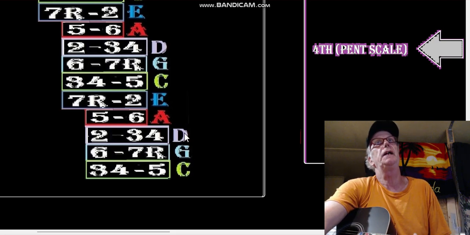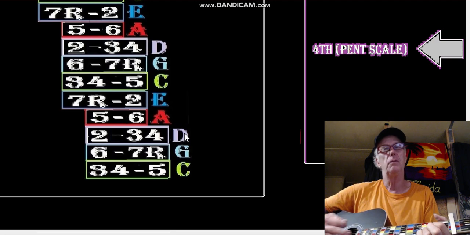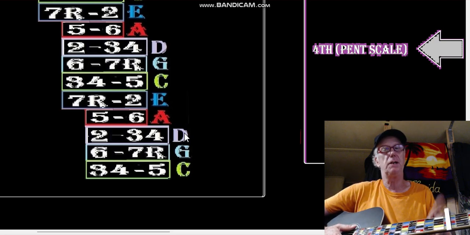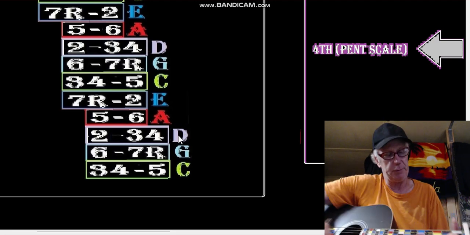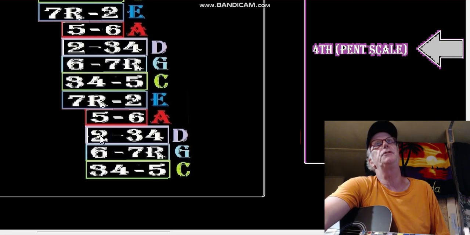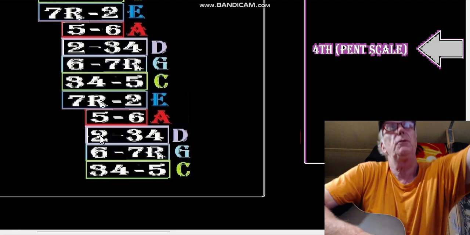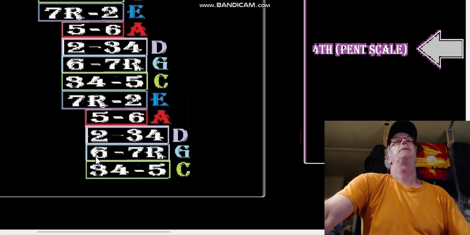Because when we play an open D, the bottom string becomes a 2, 3, 4. The E becomes the second of D. So that's why the D is there, because we're playing an open D, and the 2 is there because the E becomes the 2. That's the same rule for the other short string shapes.